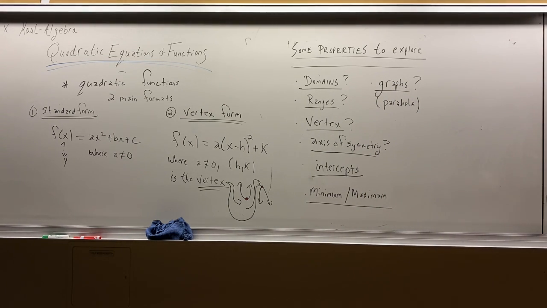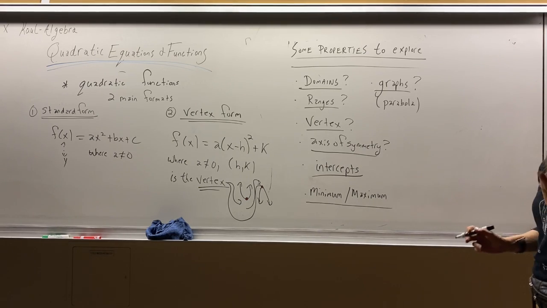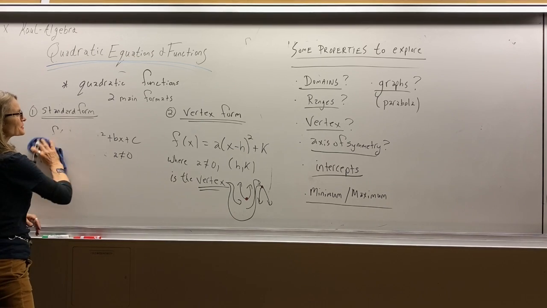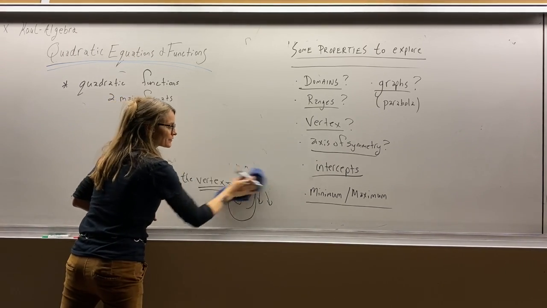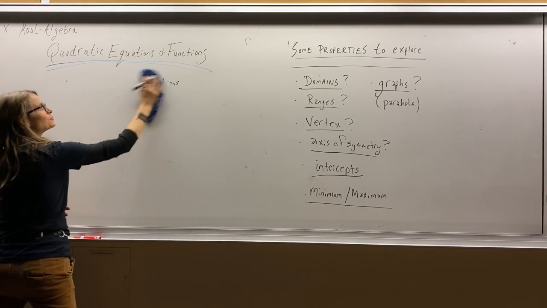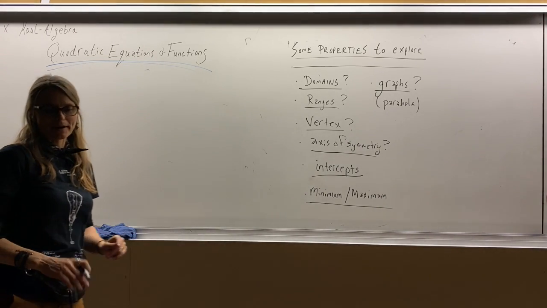Okay? So there's a lot more features to what quadratic equations and functions make than just a line. A line is just a line. So there's not much you could do with a line. Well, there is, but as far as graphing goes, you only need 2 points to make a line. You need a little bit more to do in order to plot a quadratic.